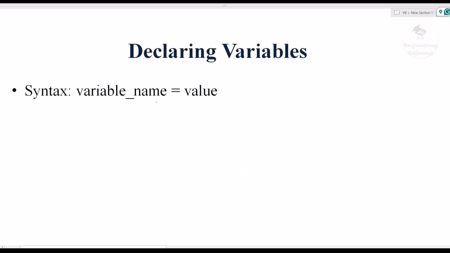So how to declare a variable in Python? This is the syntax. If we want an integer value, you can write x is equal to 10. This automatically becomes an integer variable. For string, as I already said, name is equal to, inside the double quotes I am giving Vinod.